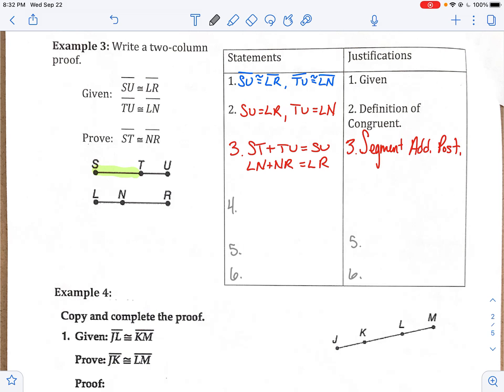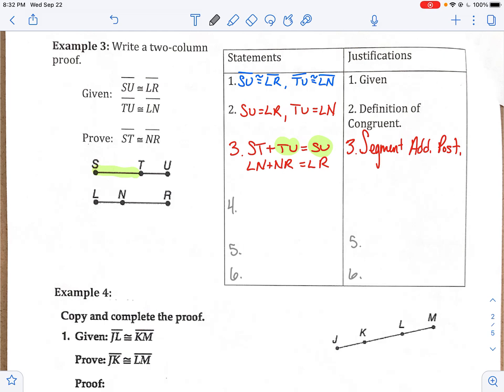So I want to look to substitute in some known values for something else. So instead of SU and TU, what could I put in there? Instead of SU, I could put LR. I can substitute in LR because they're equal. Instead of TU, I can put LN.